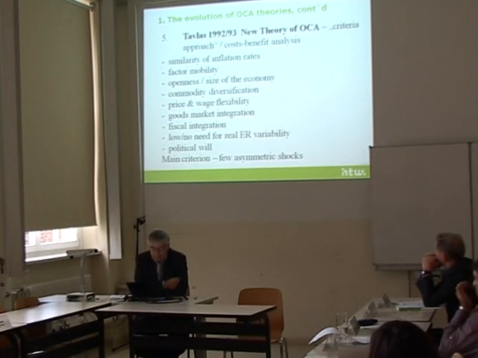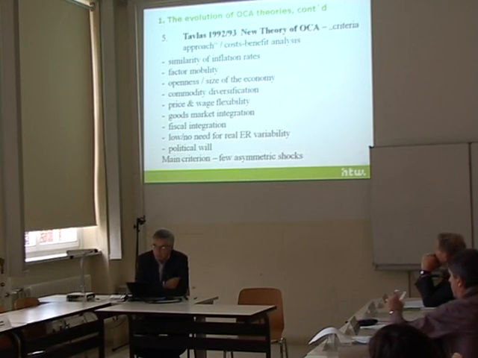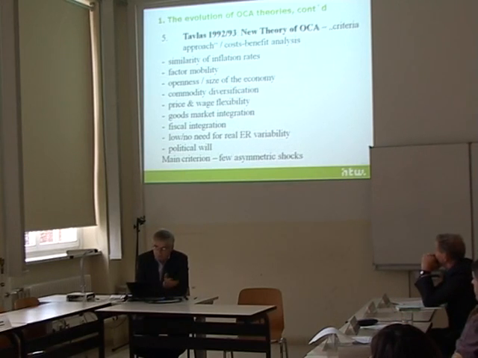This can be seen as a cost-benefit analysis using a long list of criteria. And if many of those criteria are given, or a fairly large number, then it is good to have a currency union. Now a currency union, not necessarily fixed exchange rates.